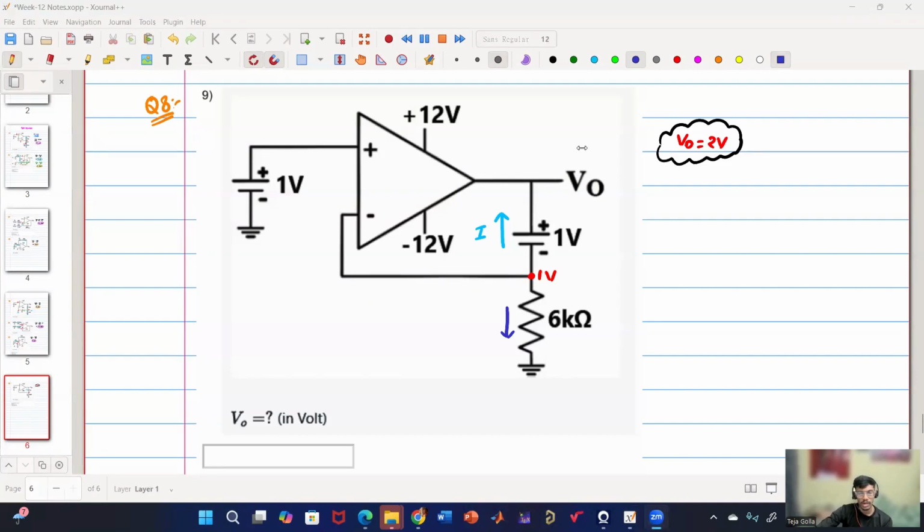Shamita, can you tell me what is the current through 6 kilo? 6 milliampere. So Parvatam says 6 milli. How is it 6 milli, Parvatam? 1 by 6K. Yes. So 1 by 6 milliampere, right? Yes. So now can you tell me what is the value of I?